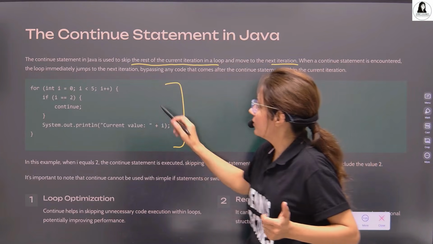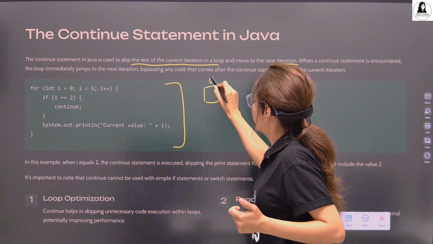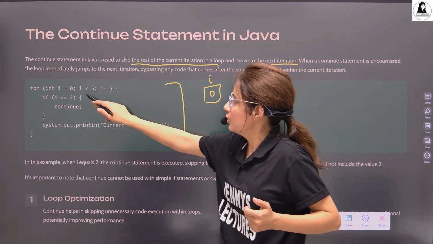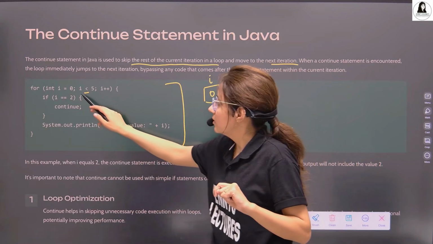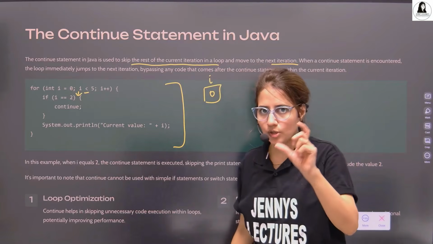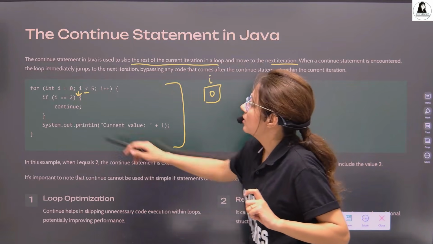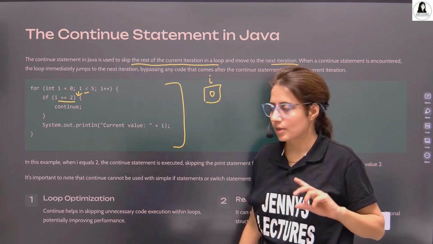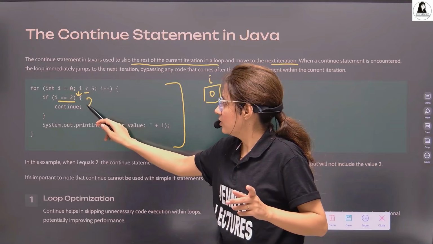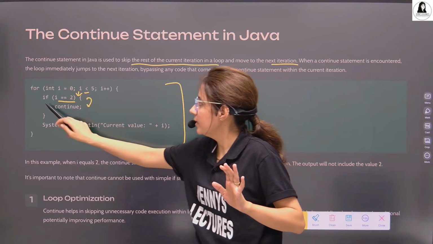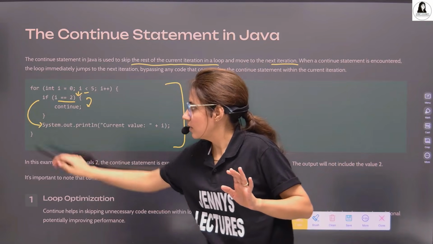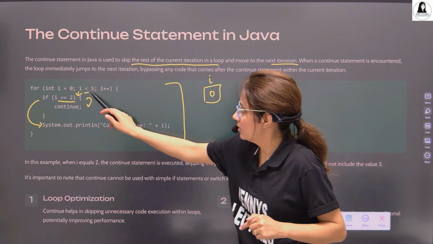We have a loop here. First I is 0. Is this condition true? Yes. We are entering into the loop. Now you know the working of loops. Is this condition true? No. So we will not enter into this if block. The control would be here, out of this if but within this for.